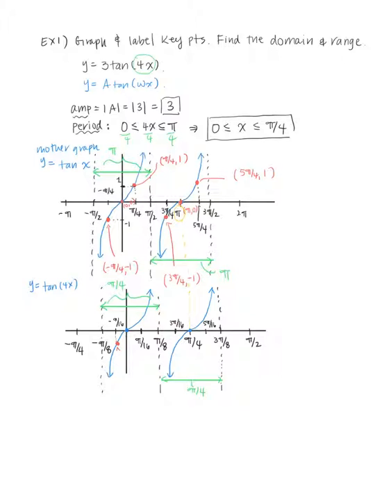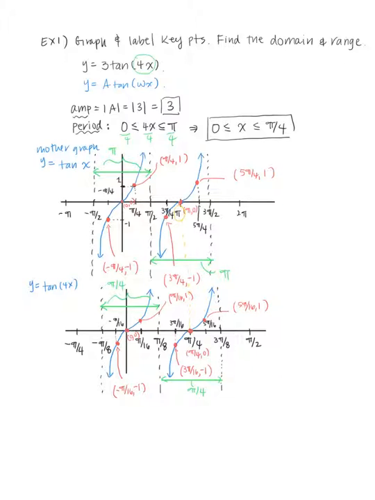This point right here is negative pi over 16, negative 1, and this point right here, I'm running out of room, is pi over 16, 1, and of course this is 0, 0. This point is pi over 4, 0, this point right here is 5 pi over 16, 1, and this point right here is 3 pi over 16, negative 1.